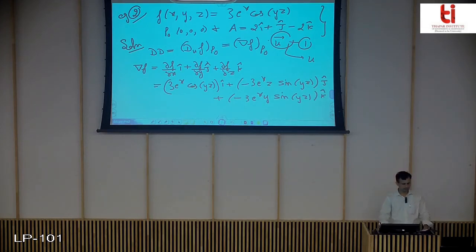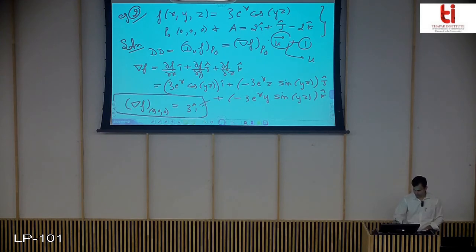So this gives you the gradient of the function, and at the given point p0 it reduces to 3i, and the rest of the terms are 0. So this reduces to only 3i. You can see here, putting x, y, z equal to 0, you get the gradient at the given point as 3i.